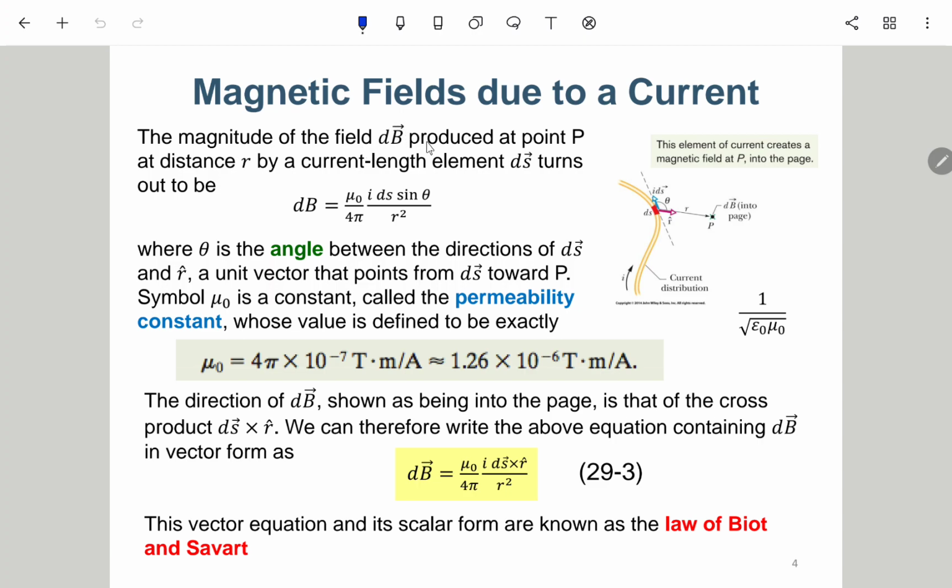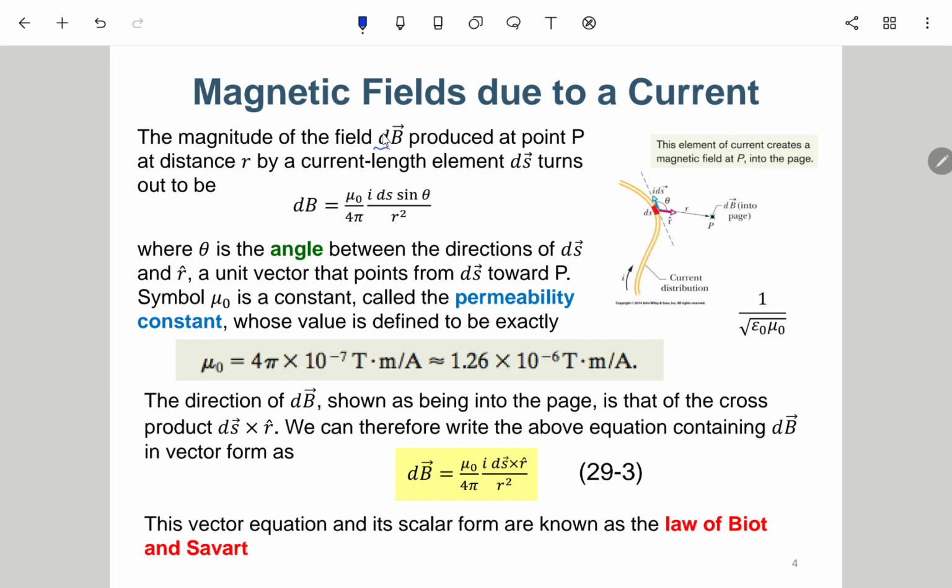Okay, so this d means a small B field generated by a small segment. So we just call it dB. Actually, it's just a B field, but a B field generated by a small segment, so we call it dB, and then we integrate along this wire, and finally it becomes a capital B.